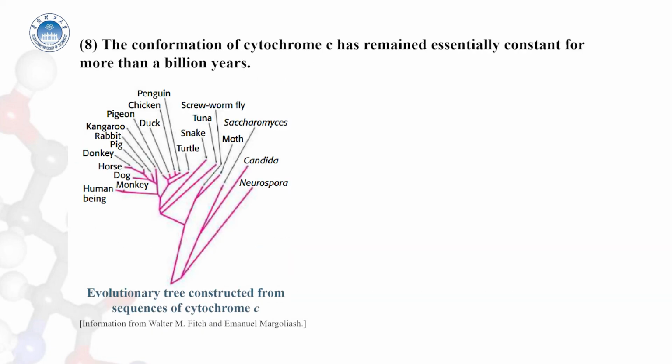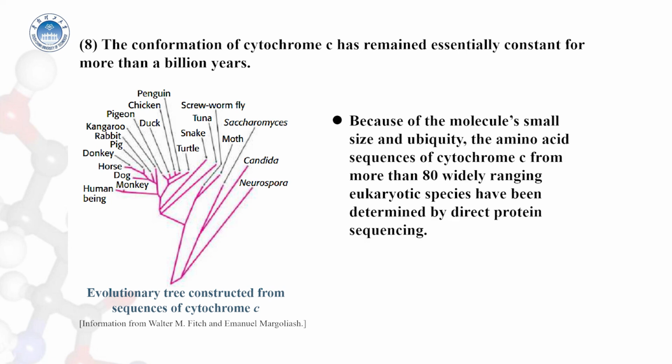The resemblance among cytochrome c molecules extends to the level of amino acid sequence. Because of the molecule's small size and ubiquity, the amino acid sequences of cytochrome c from more than 80 widely ranging eukaryotic species have been determined by direct protein sequencing.